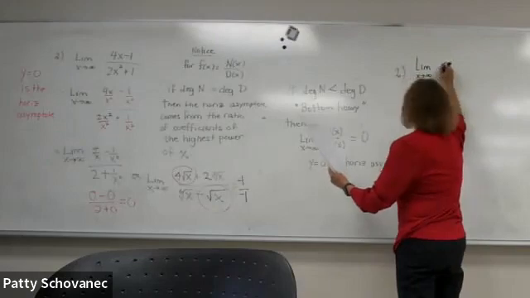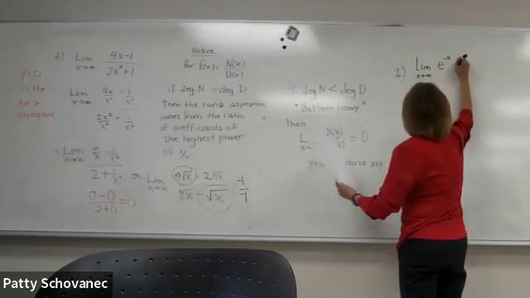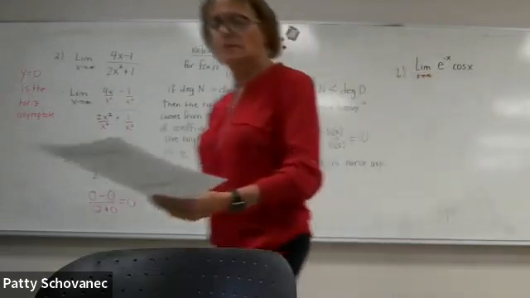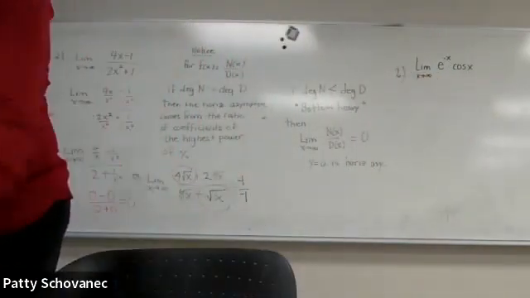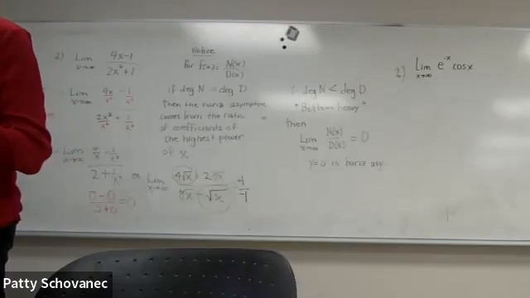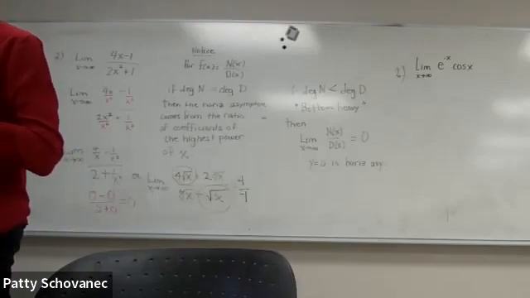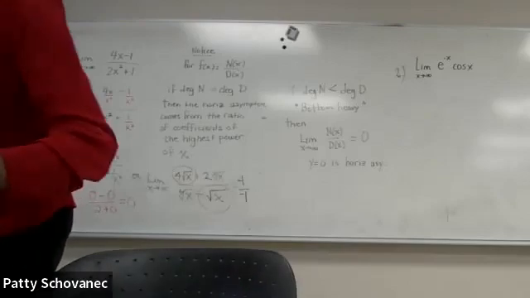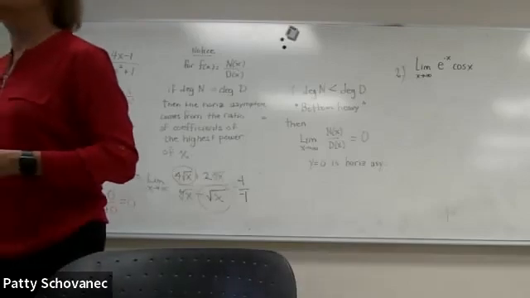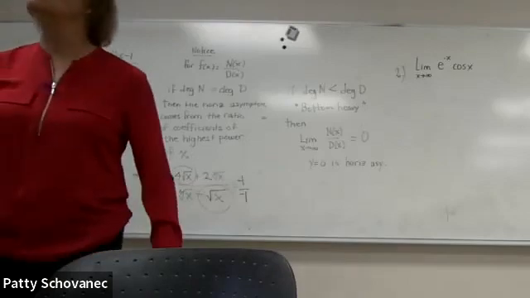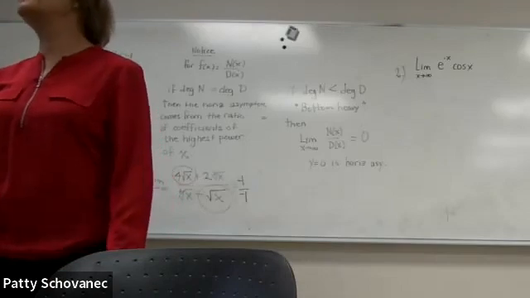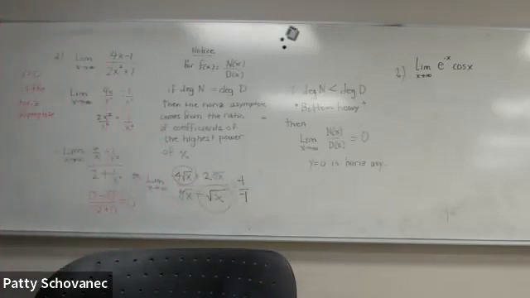I've got e to the minus x times the cosine of x. So one problem with this is that I don't even have a fraction. Well, trick on you, I do, because e to the minus x is the same as 1 over e to the x. That's the best I can do for an April Fool's joke.